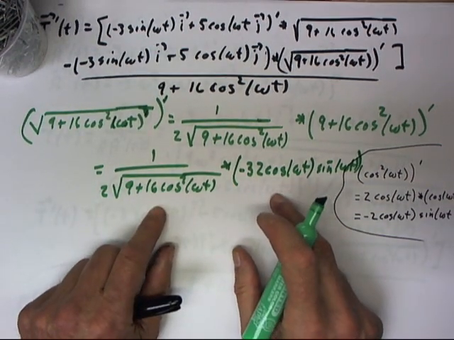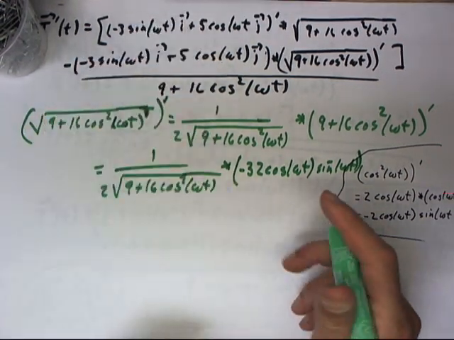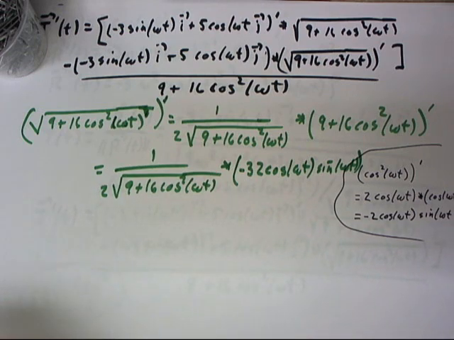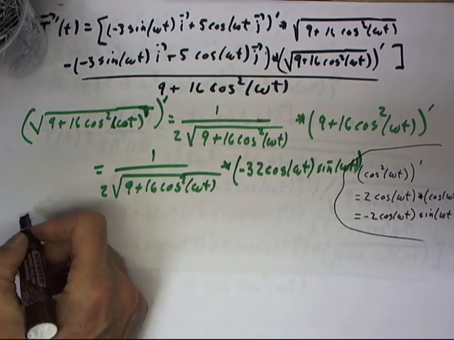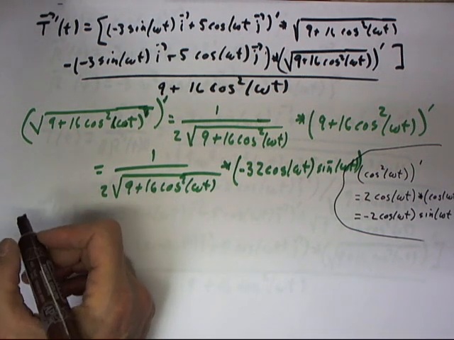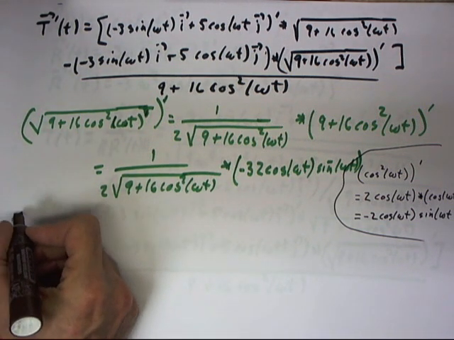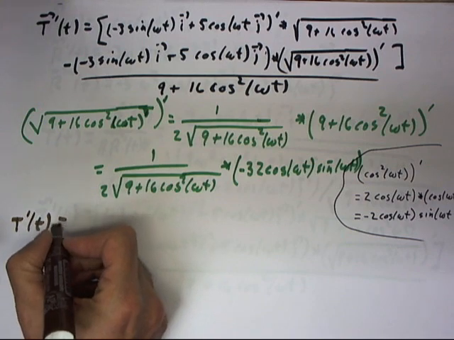Putting this together with this, we can fairly easily write down our derivative. T prime of t is what?